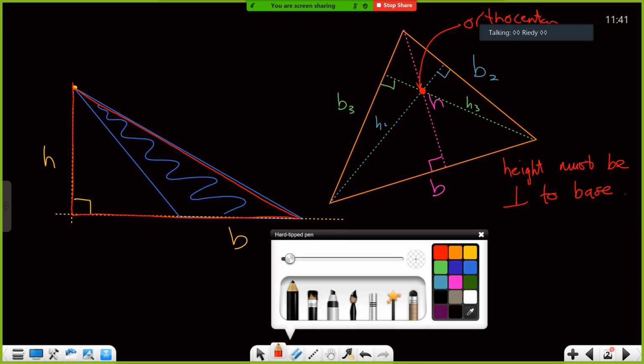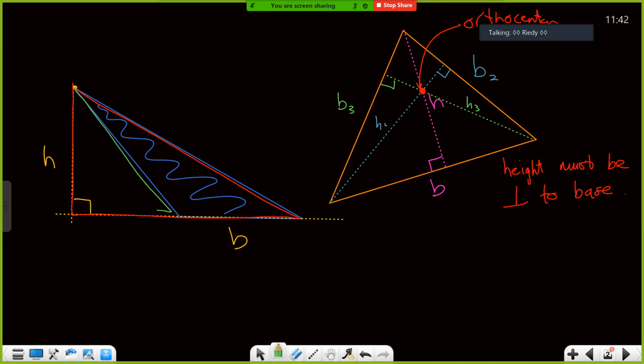Then you could find the area of this smaller right triangle, and then subtract. You'll recall we talked about the additive method and the subtractive method. So a couple different options. The obtuse triangle is the one that freaks people out the most. But again, we'll go slow with that and you'll get that all worked out.